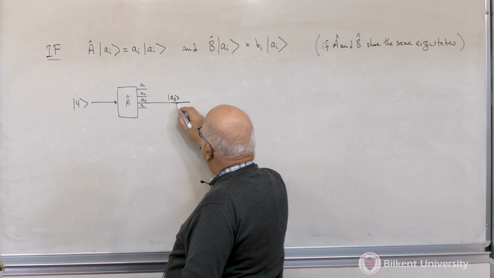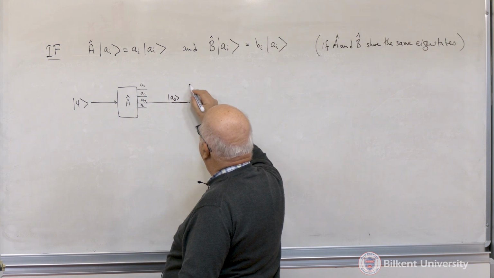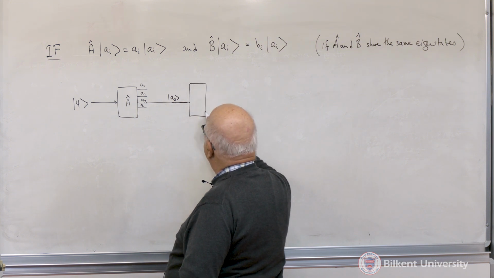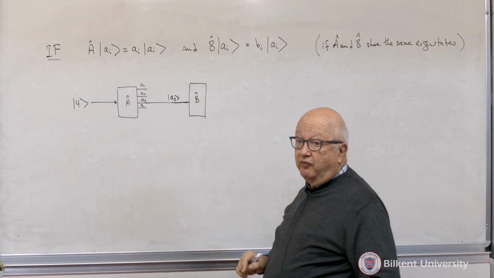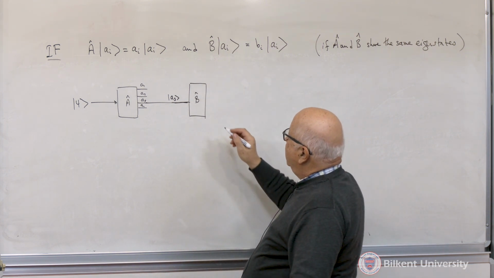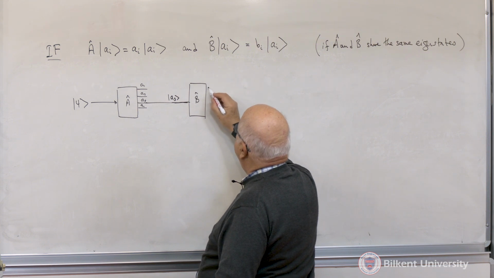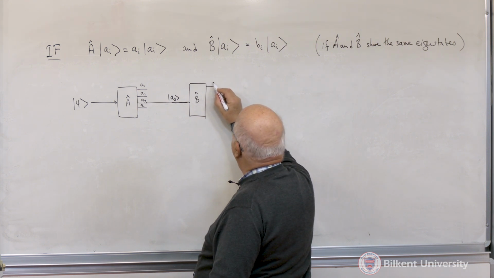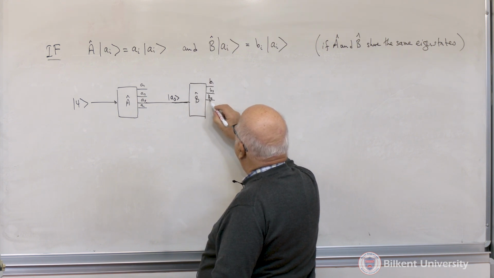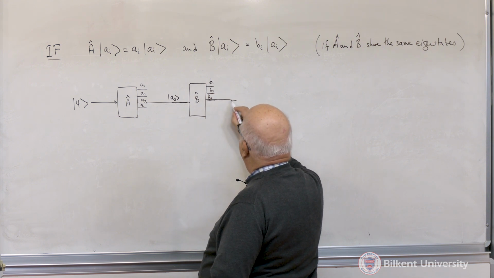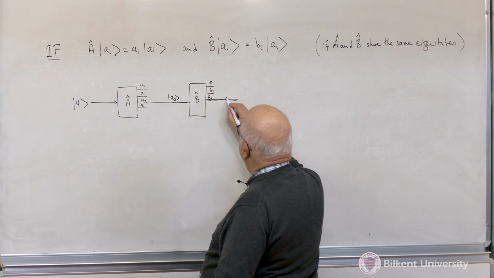But now this is a nice definitive state for the B operator as well, because A3 is an eigenstate of B with eigenvalue B3, whatever it is. So the possibilities are B1, B2, B3, etc. But now this time I'm going to get B3 out definitely.